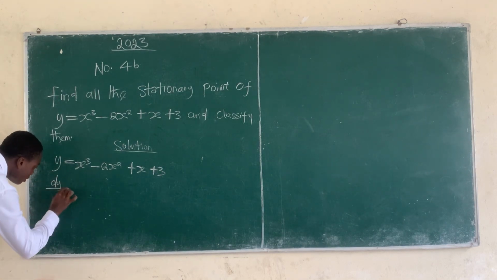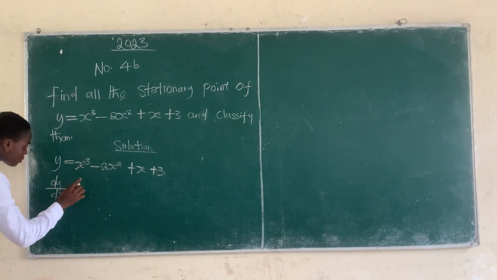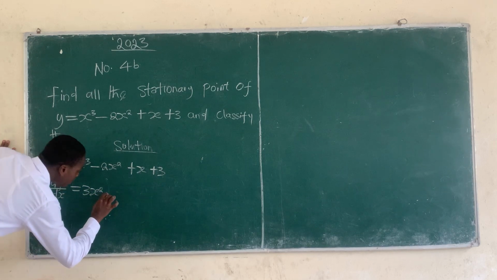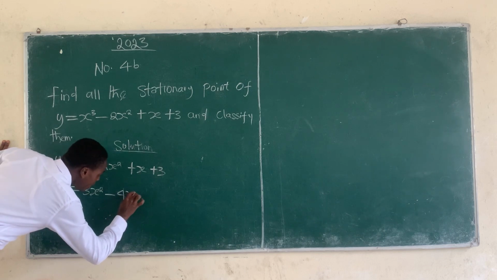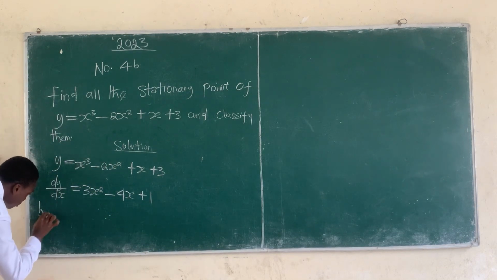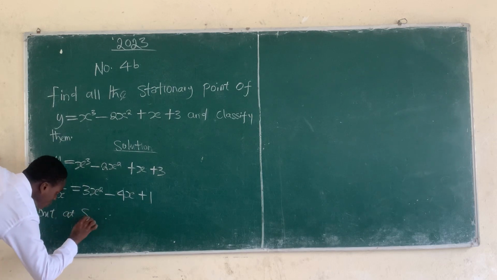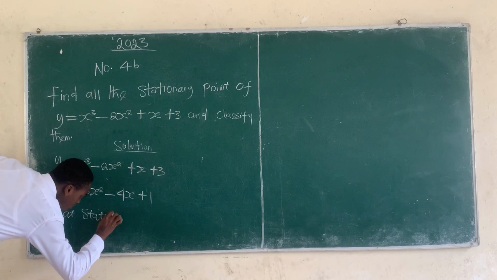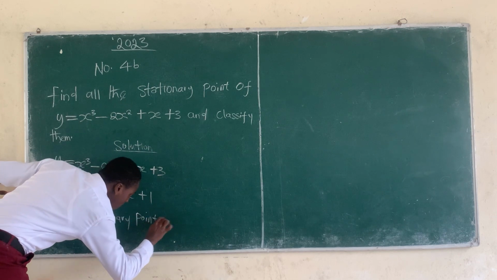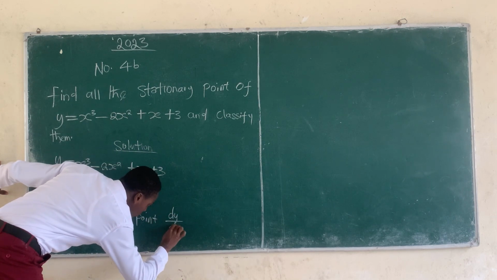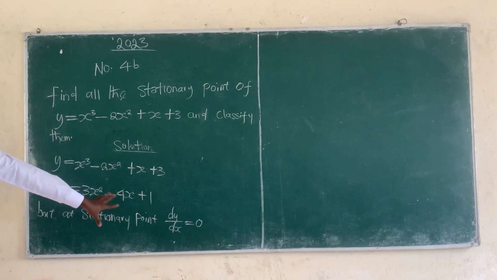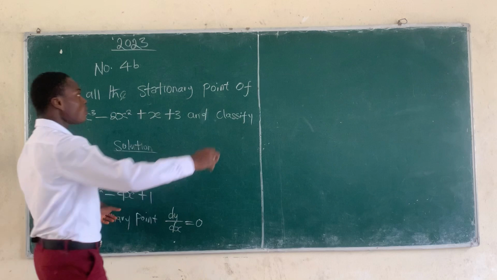So we have dy dx equals, if you differentiate this, you have 3x squared minus 4x plus 1. But at stationary point, dy dx is equal to 0. So we can equate this to 0 and find the values of x.